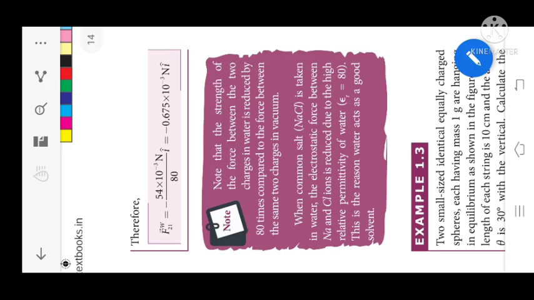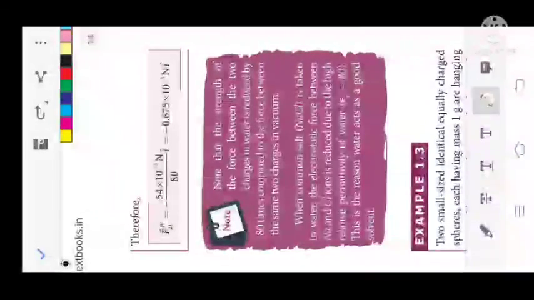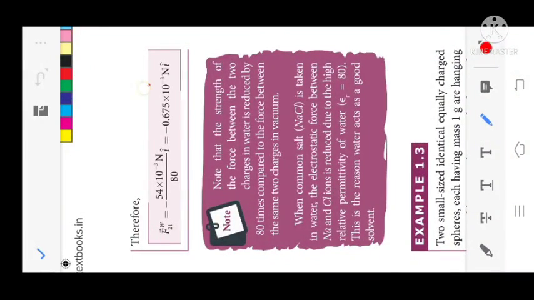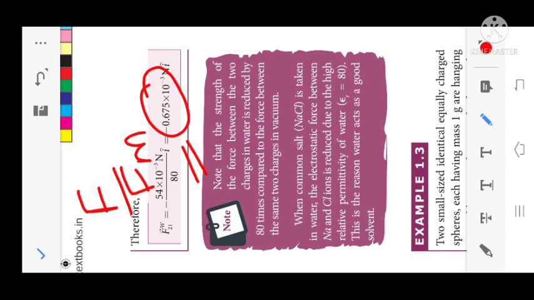The direction is not different, but the magnitude of force is reduced by 80 times. So what is the relationship between the force in air and that in a medium? The force in air is 80 times greater than the force in the medium.